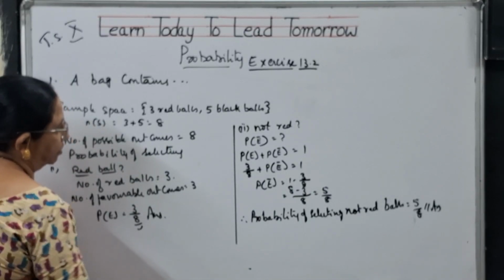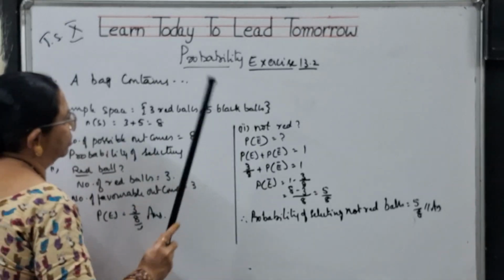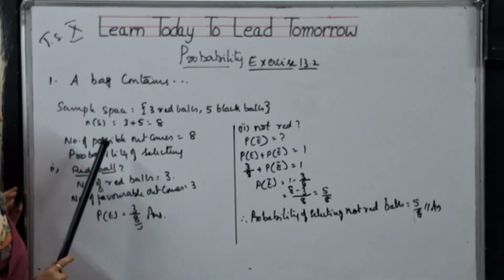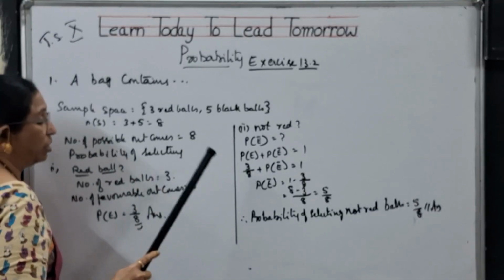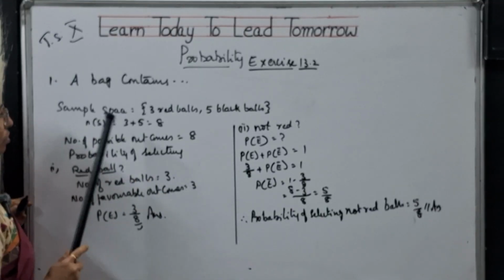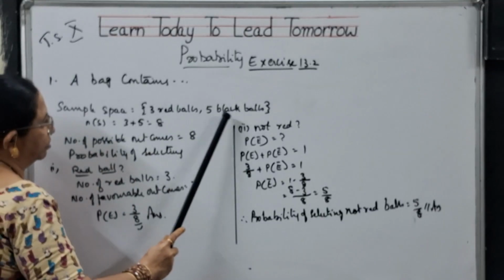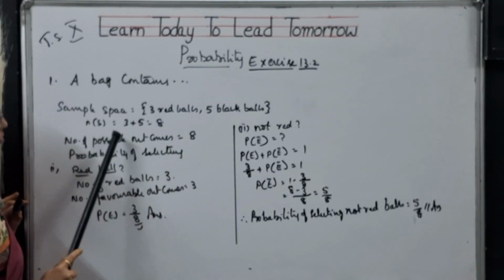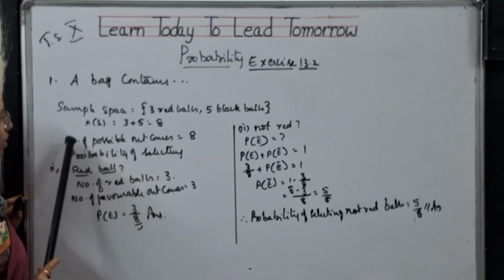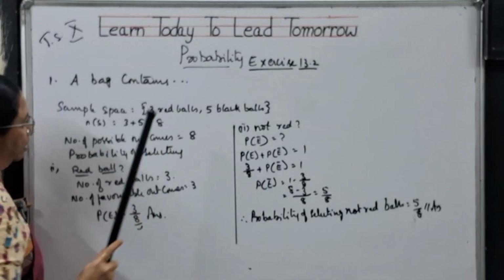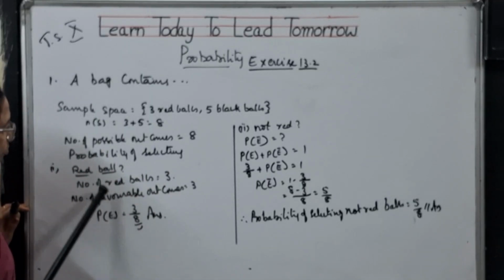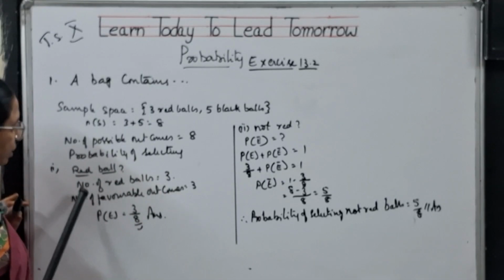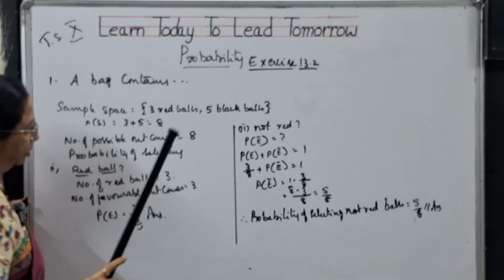So the question is, a bag contains 3 red balls and 5 black balls. What is the probability that one will select a red ball or not a red ball? So sample space is 3 red balls, 5 black balls. So n of S is 3 plus 5, 8. Number of possible outcomes are 8. And probability of selecting red ball: number of red balls are 3, so favorable outcomes are 3.